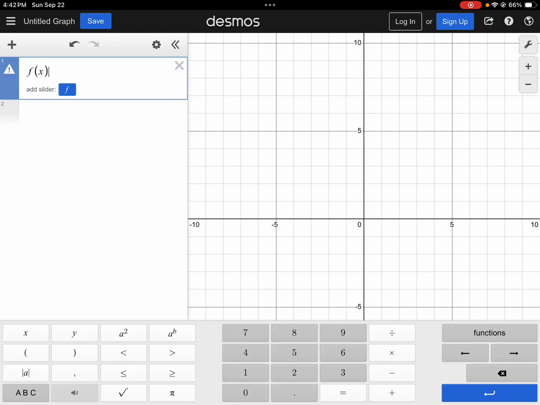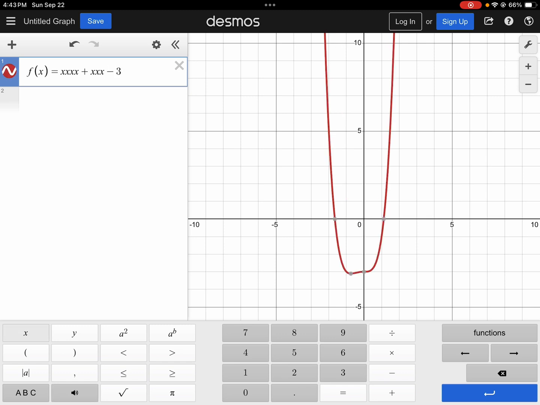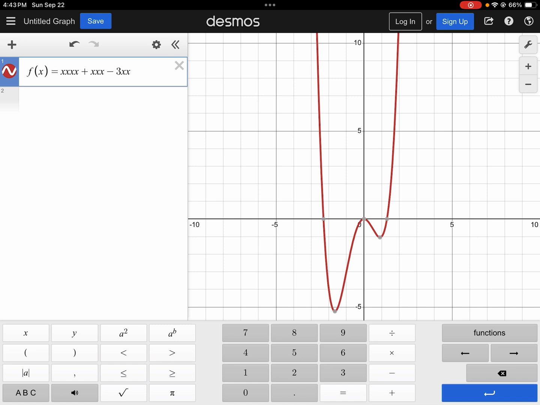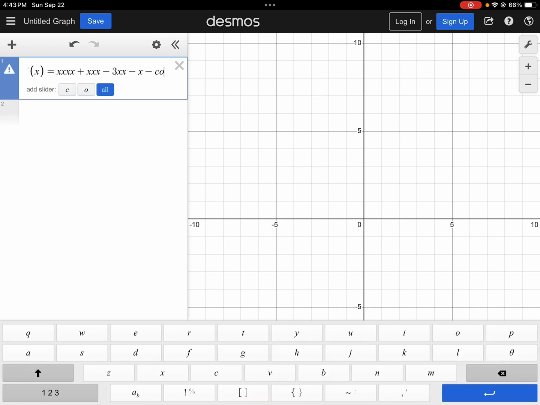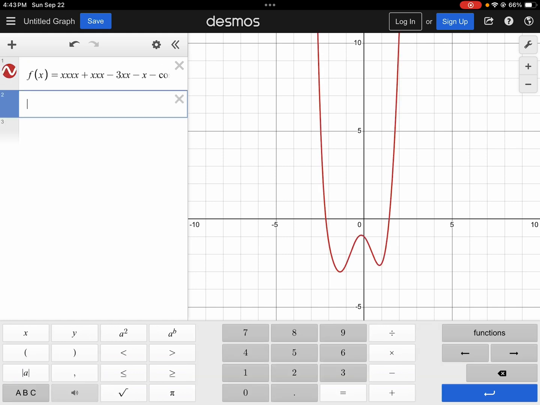So f of x is equal to x to the 4th plus x to the 3rd minus 3x squared minus x minus cosine of x squared.